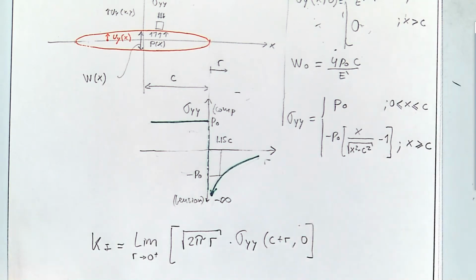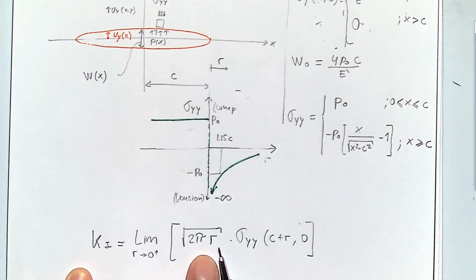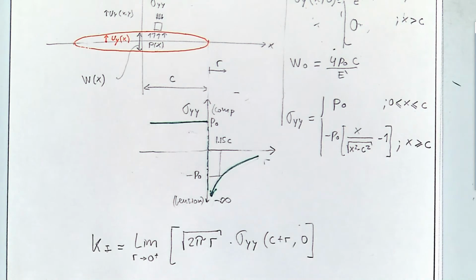So now when you get to a product of stress times length, this product is not going to be an undefined number anymore, because notice, the length tends to 0 and the stress tends to infinity. So when you make the math, unfortunately, we don't have time for this.